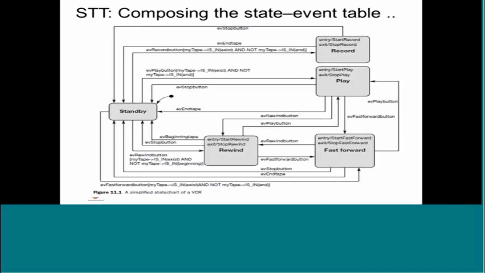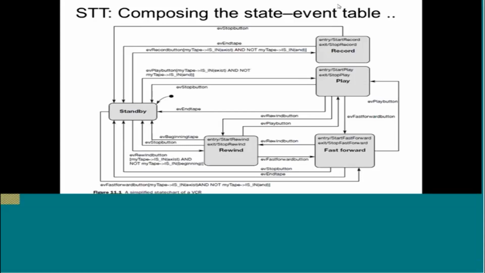Okay, so you can see the rectangular boxes having the different states. We have about 1, 2, 3, 4, 5 states. So there are about 5 states you can see.